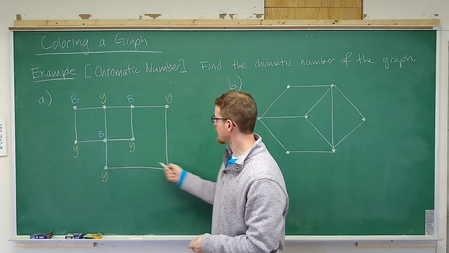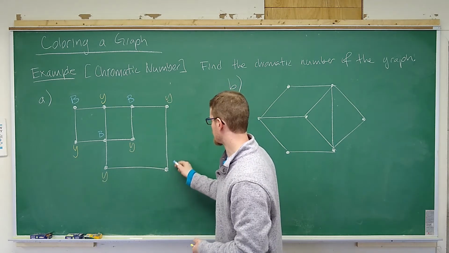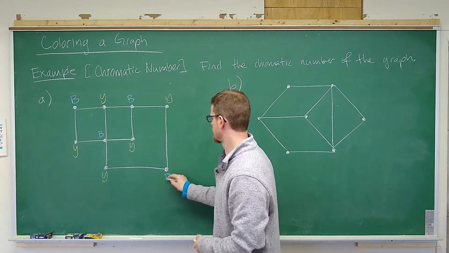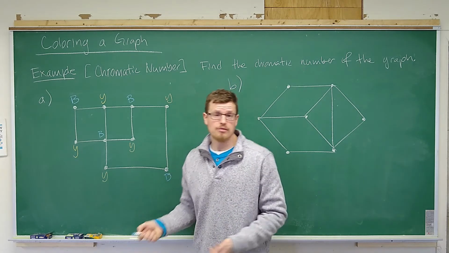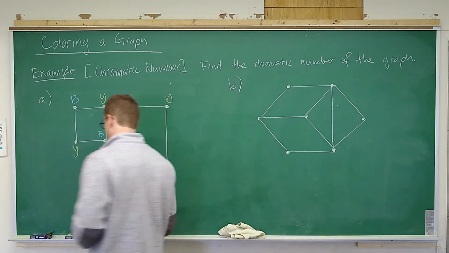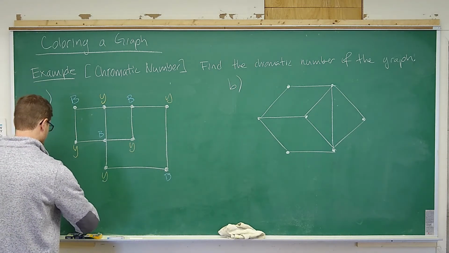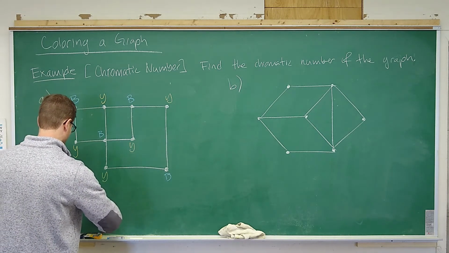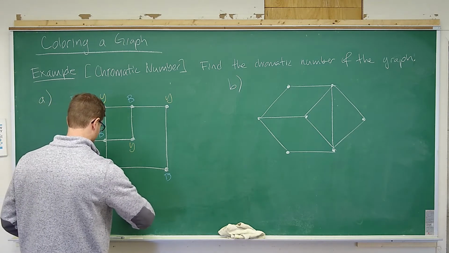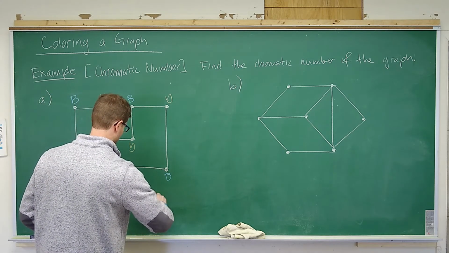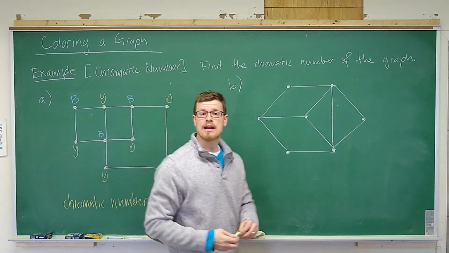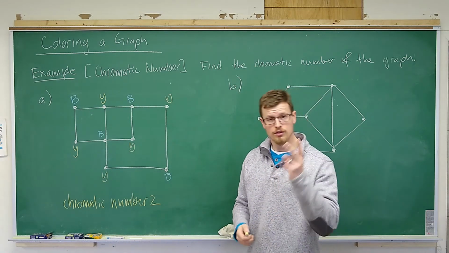And adjacent to yellow, we want something that's not yellow. So we were able to color this graph with just blue and yellow. So it has chromatic number 2. Again, chromatic number 2 because we were able to color it with 2 colors.